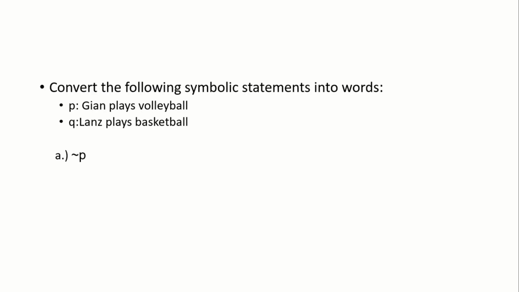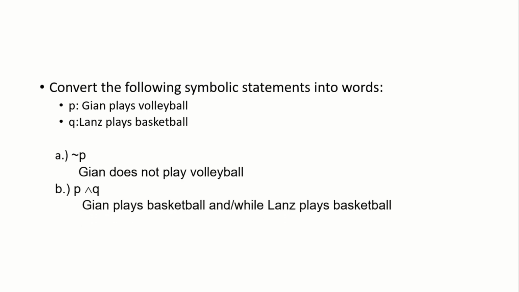And last, convert the following symbolic statements into words. So if we have P and Q, now what is the negation of P? Gian does not play volleyball. This is P and Q. So Gian plays volleyball, and Lance plays basketball.